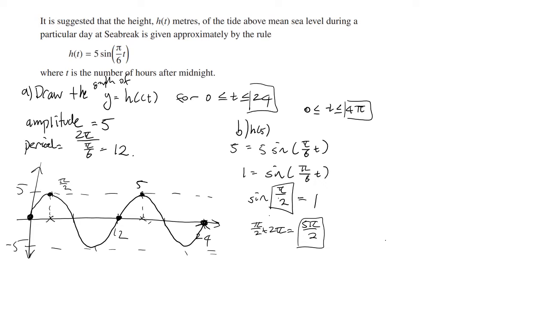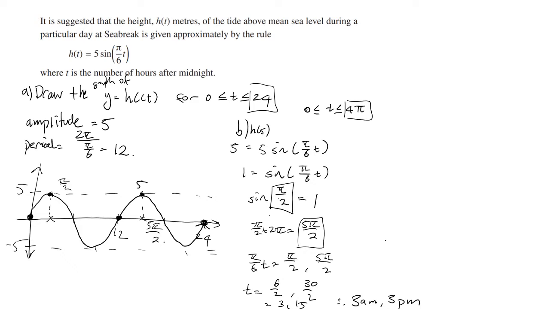Now we're saying that pi over 6 t equals pi over 2, 5 pi over 2. So t is equal to 6 over 2 and 30 over 2. It's 3, 15. That's saying that the high tide was at 3 a.m. and 3 p.m. because 15 is 3 p.m.